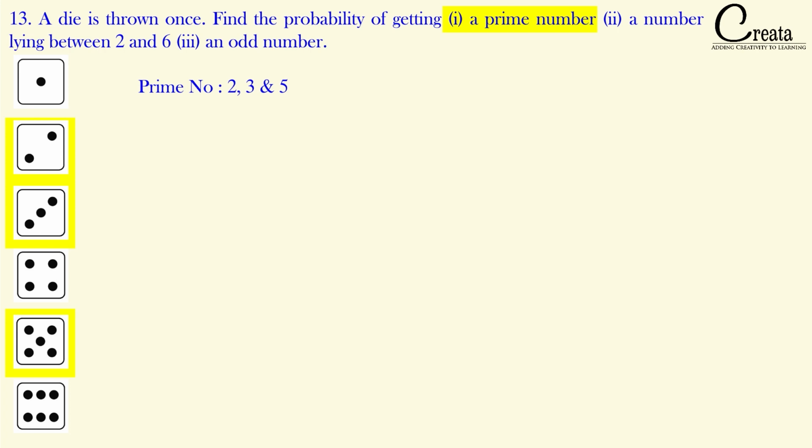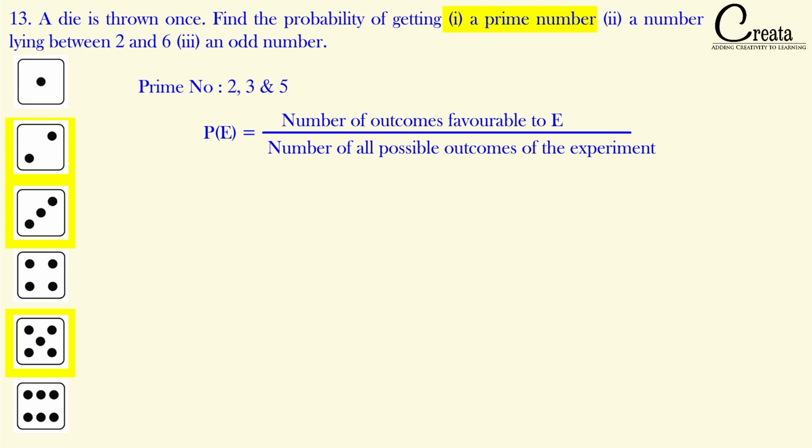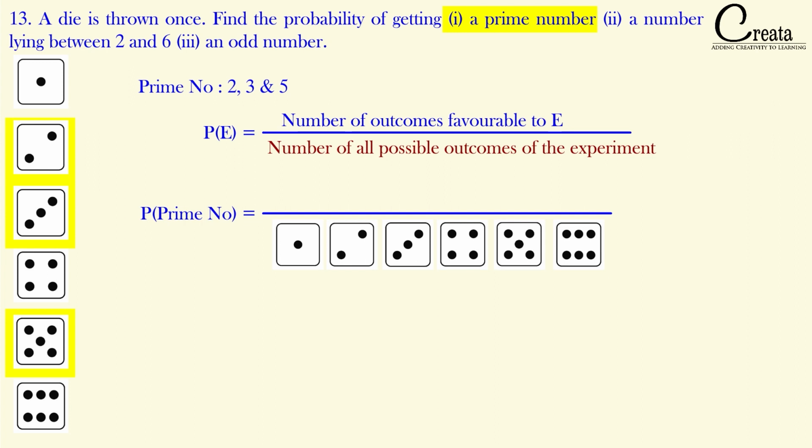Let's take the formula of the probability. We will start with the denominator, that is total possible outcomes. When we roll the die, the total possible outcomes are 6, that is number 1, 2, 3, 4, 5 and 6. All these 6 numbers will come in the denominator. So we got 6 in the denominator. Let's check out what is in the numerator.